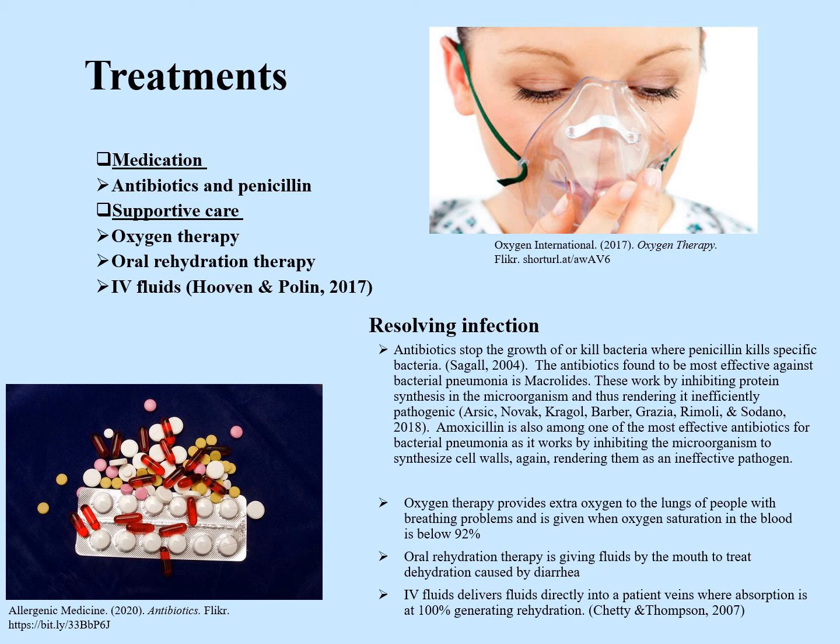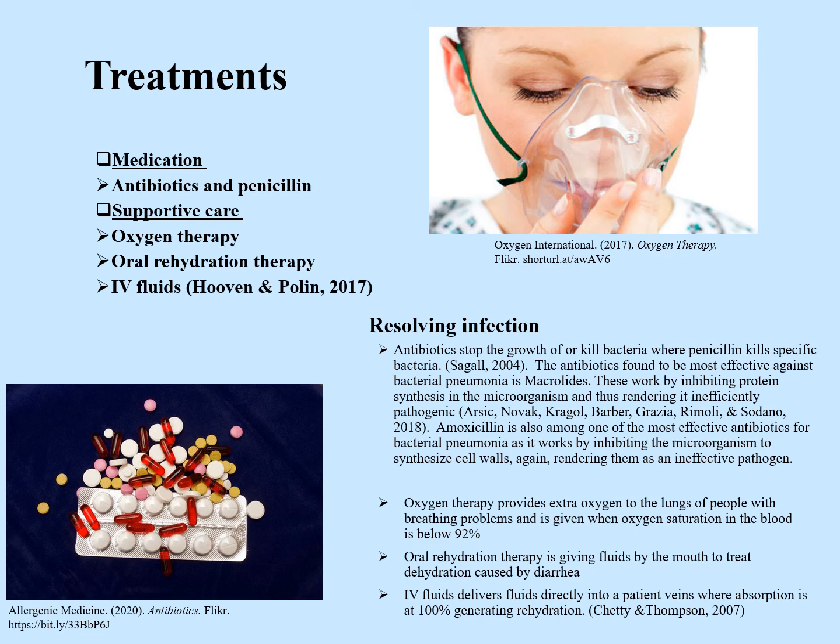Treatments for bacterial pneumonia include medication, which can be antibiotics and penicillin, supportive care, which can be oxygen therapy, oral rehydration therapy, or intravenous fluids. To resolve the infection, antibiotics stop the growth of or kill bacteria where penicillin kills specific bacteria.